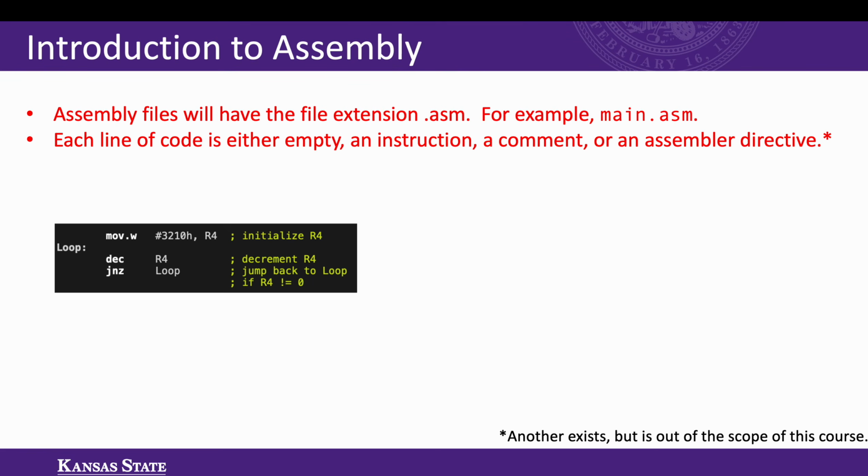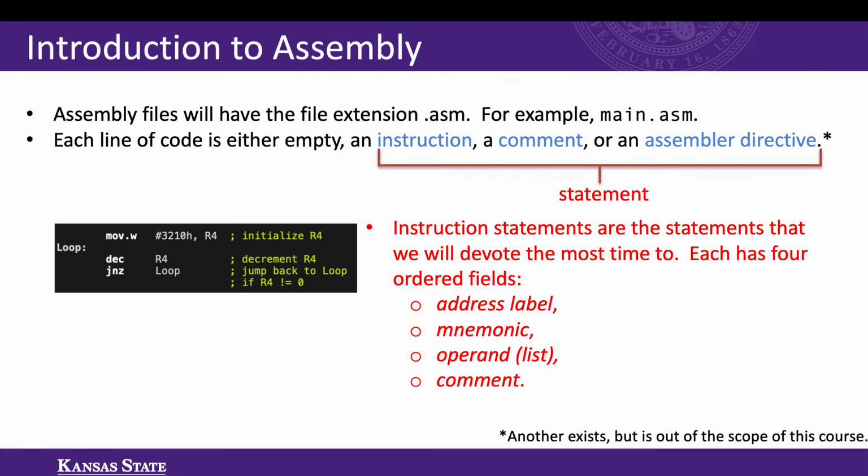A line that isn't empty is either an instruction, a comment, or an assembler directive. There's really a fourth, but it isn't something that we need to be concerned with in our course. All of the lines that are not empty are referred to as statements. So a statement is either an instruction, a comment, or an assembler directive.